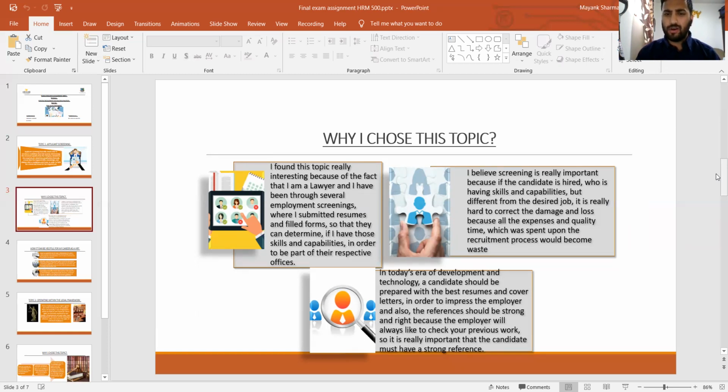And also, in today's era of development and technology, a person should have the best resumes and the best cover letters, because it's a competitive world right now. Everyone is applying for jobs, right? So one must have the best resumes and cover letters, and strong references, because the employer likes to check your previous work, where you have worked.